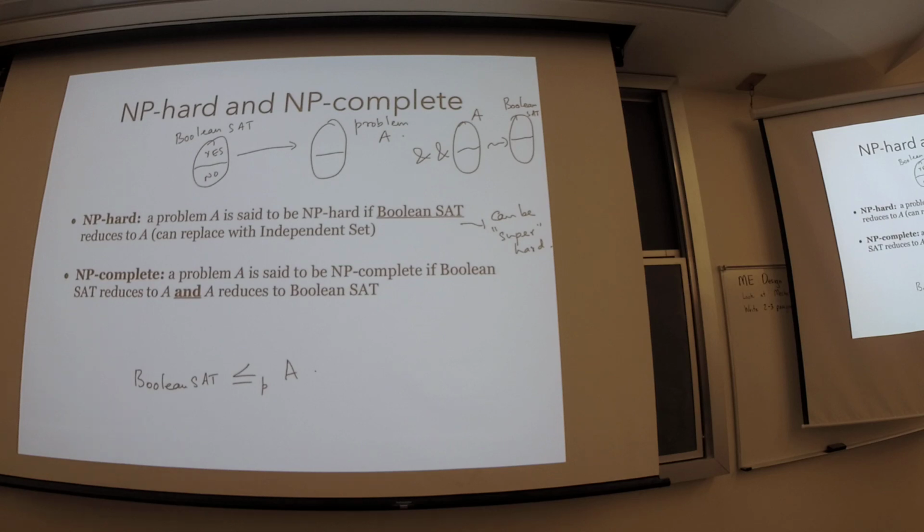What it's essentially saying is that if you have clever heuristics for traveling salesman, you could potentially use them to get clever heuristics for Boolean SAT, because there is a reduction from Boolean SAT to traveling salesman. So if there is a clever algorithm that can solve that efficiently, then you can also solve this one efficiently. That's how you should think of reduction.